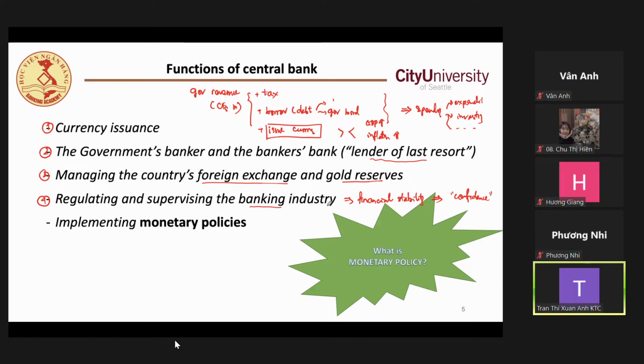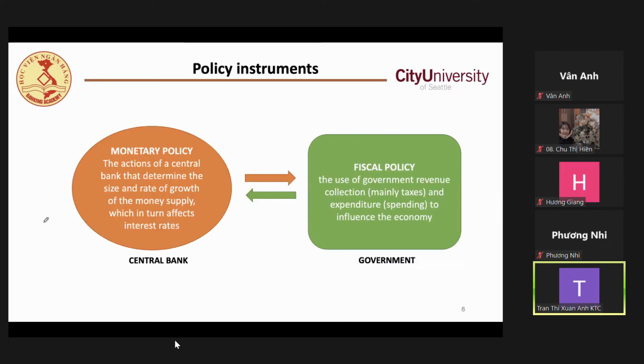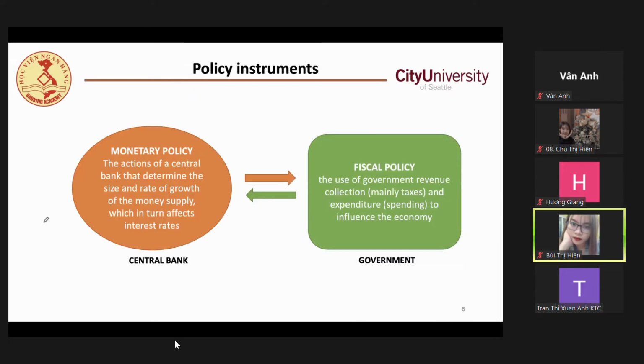And the last one: the central bank is the instrument that the government uses to conduct monetary policy. How they conduct monetary policy, I leave for later, when we have a specific topic about monetary policy.